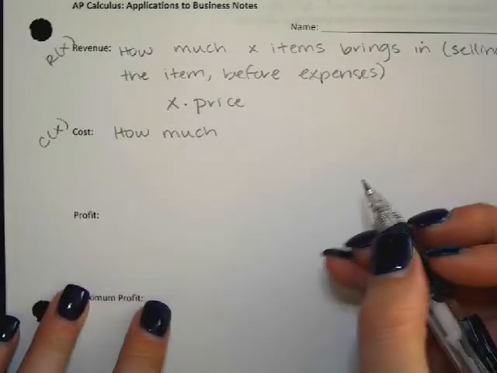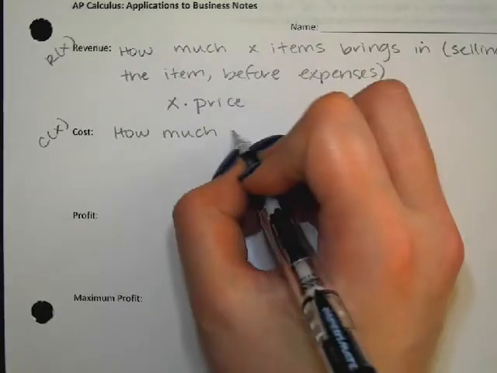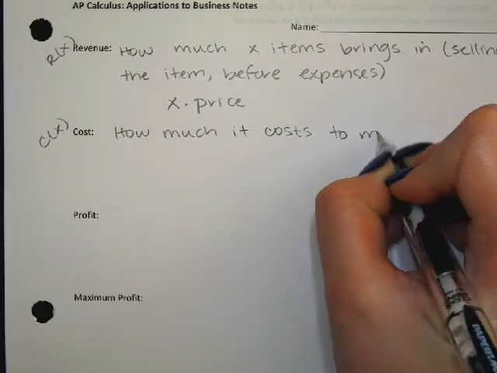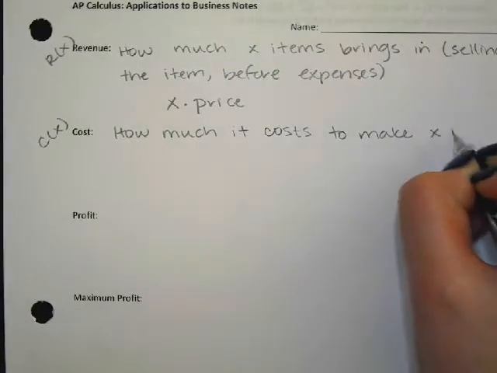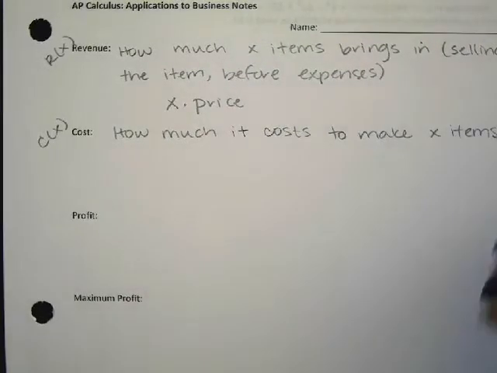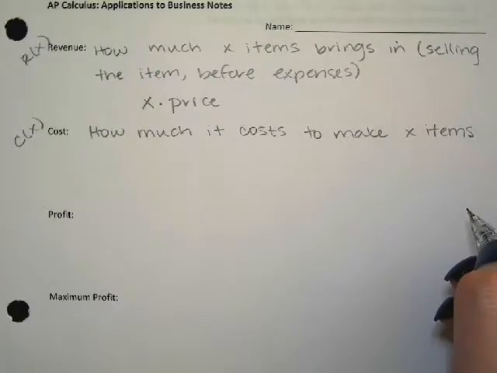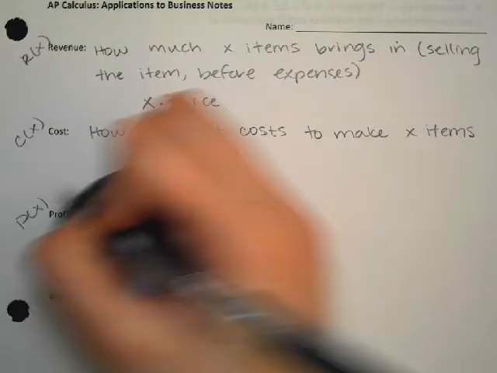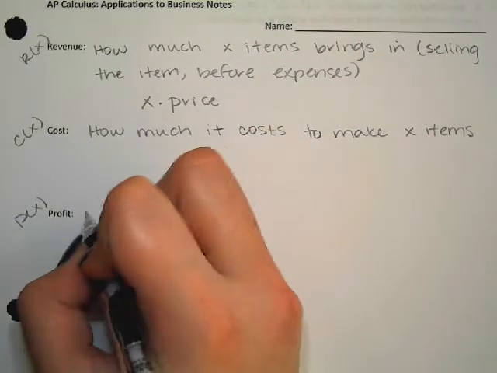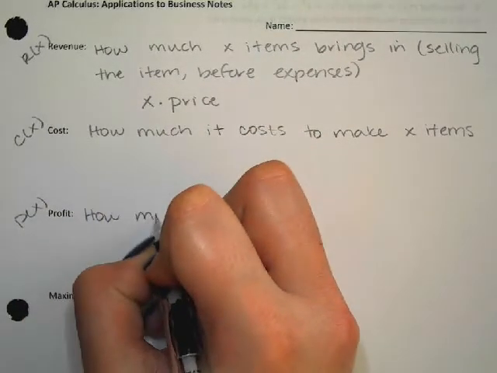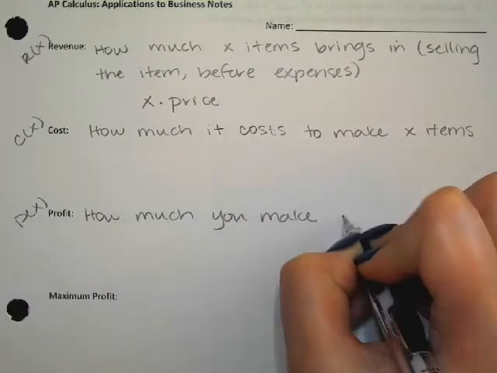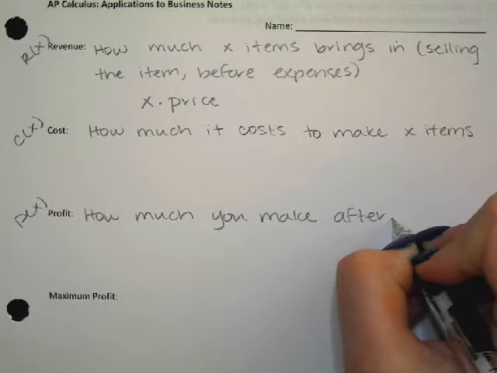How much it costs to make X items. The profit is P of X, and that's how much you make after expenses.